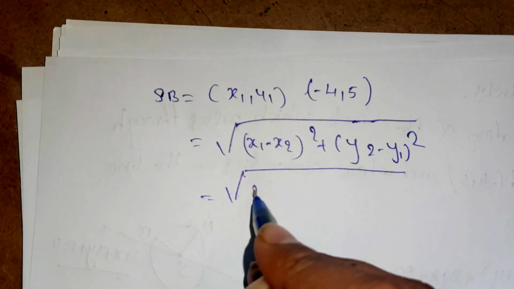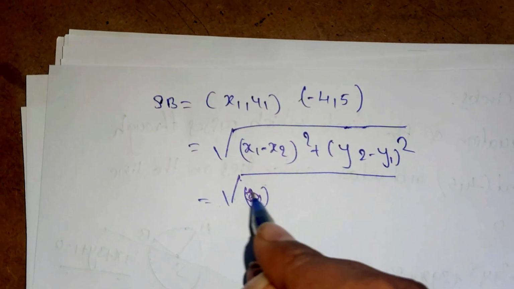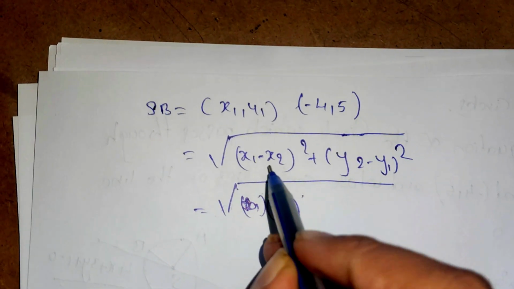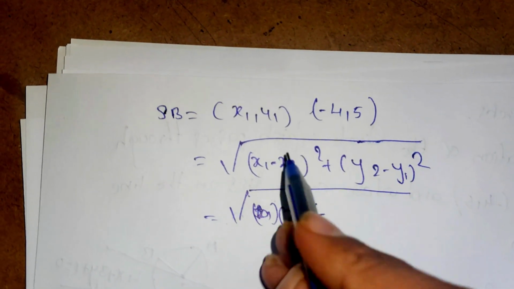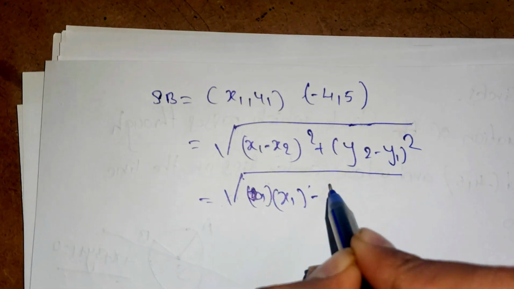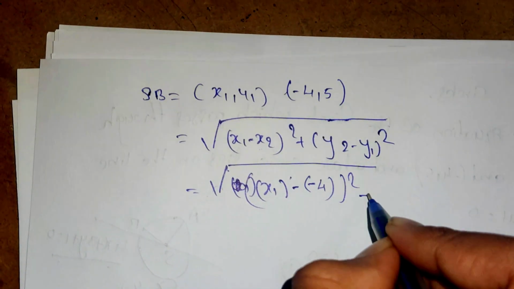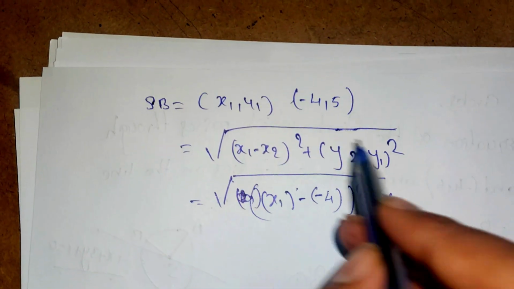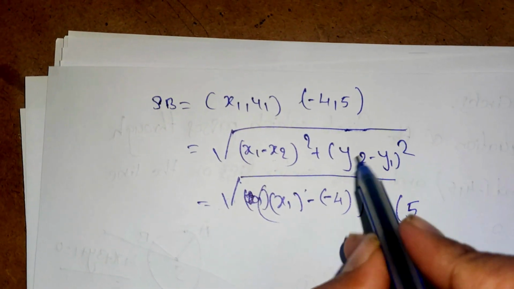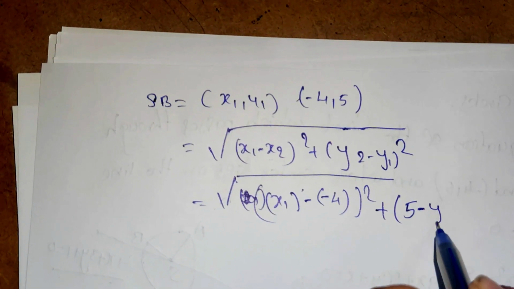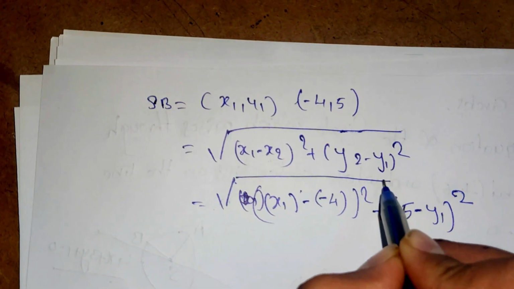The values are given from the 2 points. The x1 value is as it is x1, and what is the value of x2? Minus of the x2 value is minus 4 whole square plus y2, we have 5 minus y1 whole square.